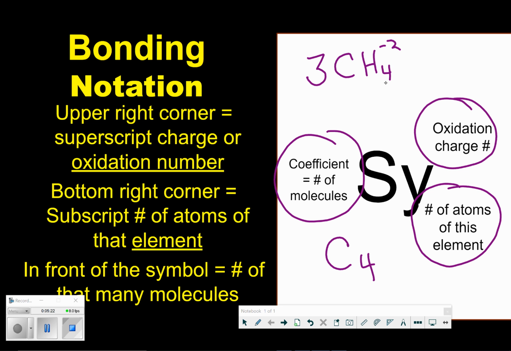This 4 right here says that there are 4 hydrogens. There's no number right here, so that says that there is 1 carbon. And this says that this 3 is multiplying this whole thing right here. So this says that there are 3 CH4s. Okay? Just like that.